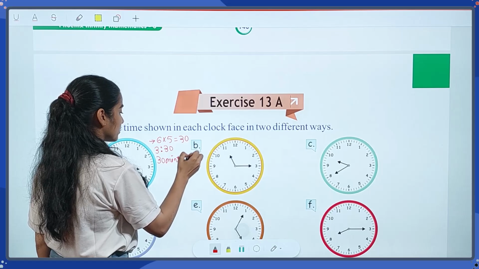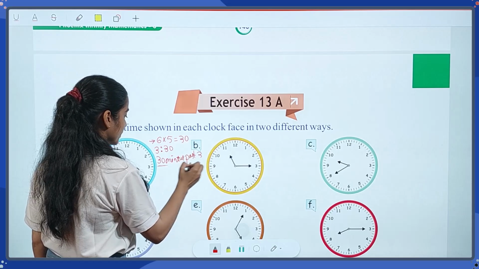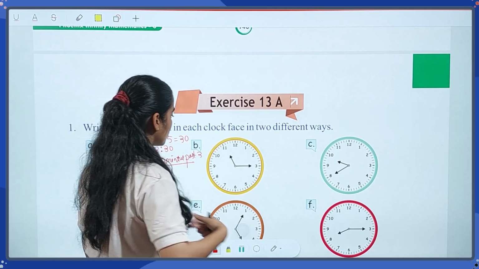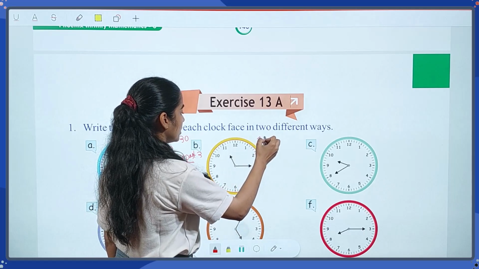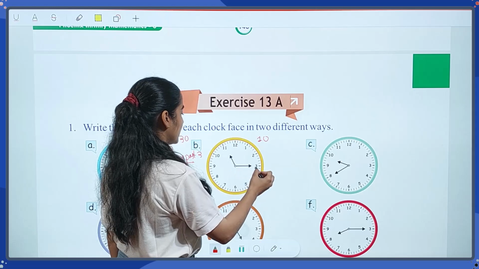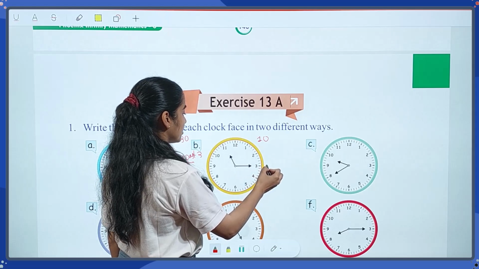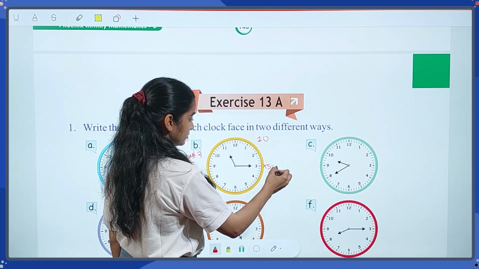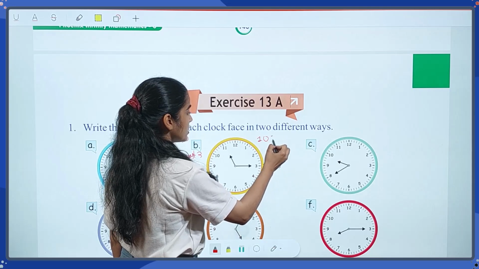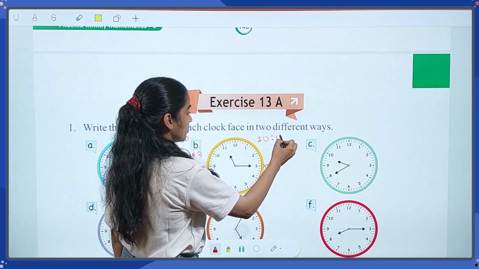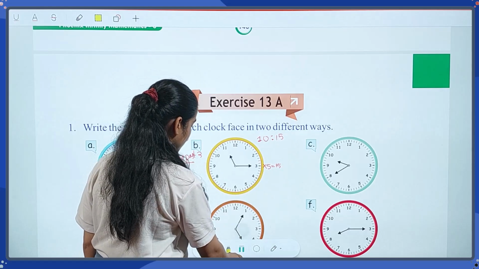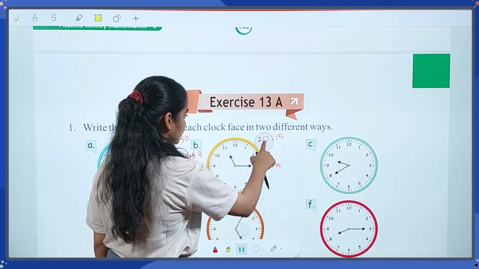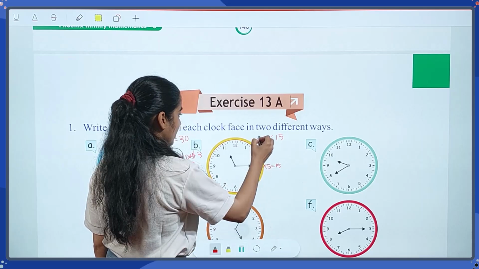And you can also say 30 minutes past 3. Okay. Next, you have your hour hand between 10 and 11, so you take 10 only. And your minute hand is at 3, 5 multiplied by 3, 15, which means 10:15. Sorry, 11:15.